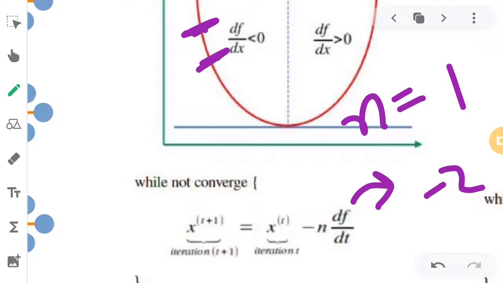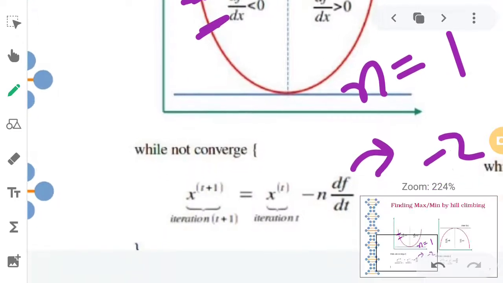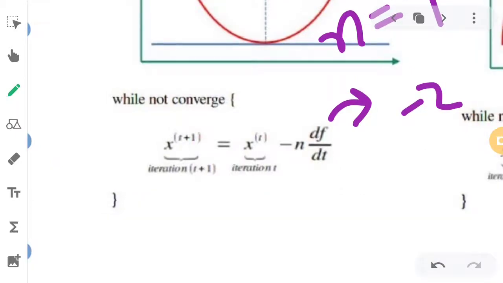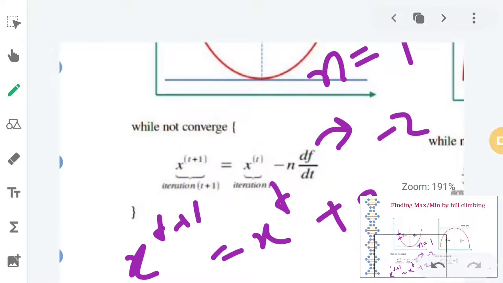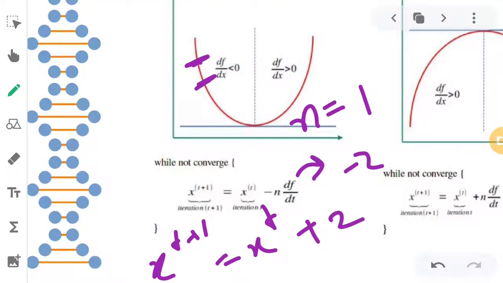So x(t+1) equals x(t) plus 2. Similarly, this point comes here, here, and finally at the minimum point. This is the concept of gradient descent.